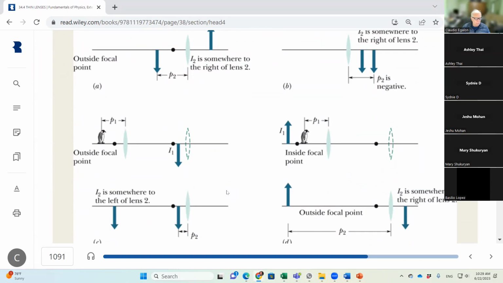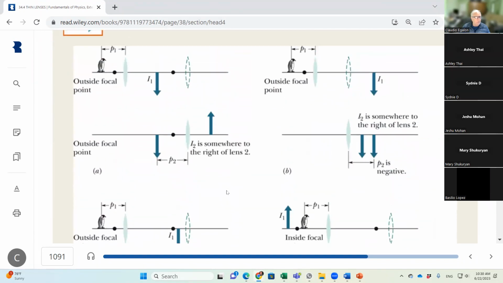Okay. That would be this item A, right? Then you have different items. Here's the case of the first image in front of the lens, the first image on the back of the second lens. So that's how we find an image formed by two lenses.